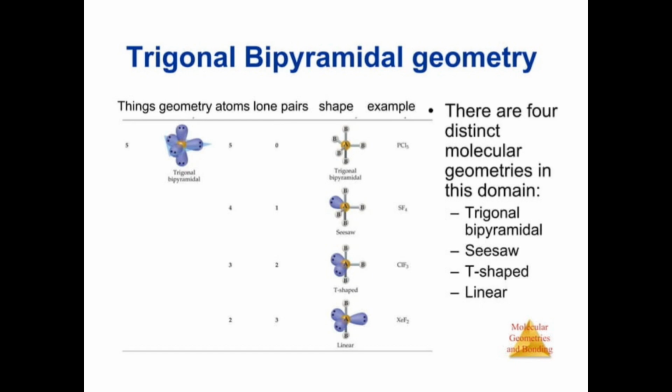When you have 3 atoms and 2 lone pairs, for instance ClF3, you are going to have a T shape. Then when you have 2 atoms and 3 lone pairs, an example is XeF2, you are going to have a linear shape. So the geometry is still trigonal bipyramidal, but the shapes are different with different examples. So that's how it is.